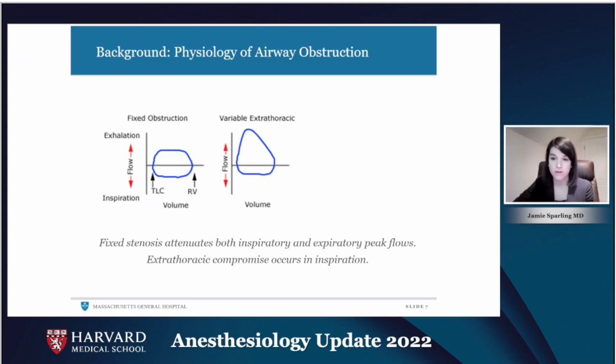Extrathoracic compromise occurs during inspiration, when airway pressure is below atmospheric pressure. Intrathoracic compromise occurs during expiration, when thoracic pressure is above the tracheal pressure. Because of this, spontaneous ventilation is better tolerated with intrathoracic lesions because thoracic pressure drops below tracheal pressure during inspiration.